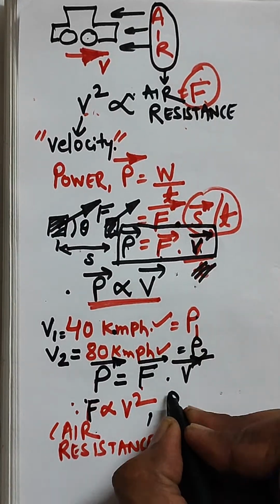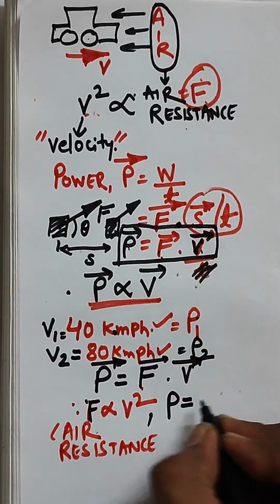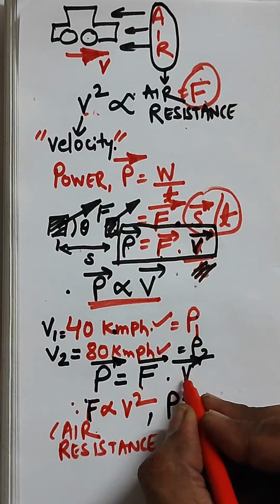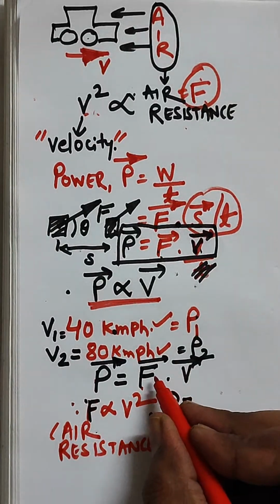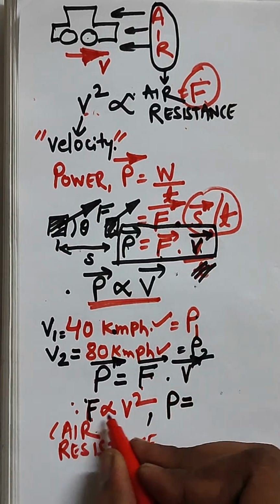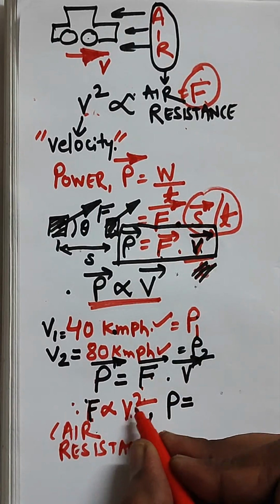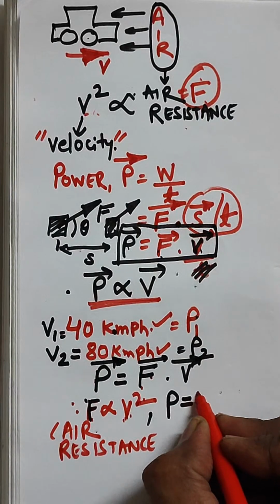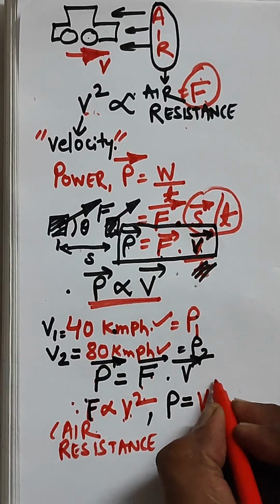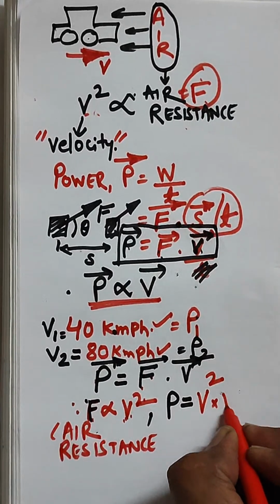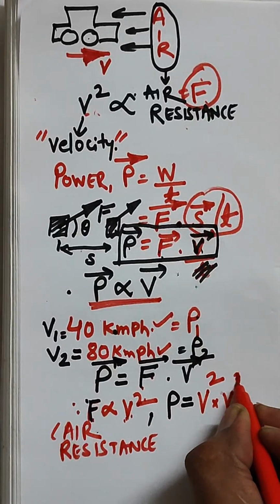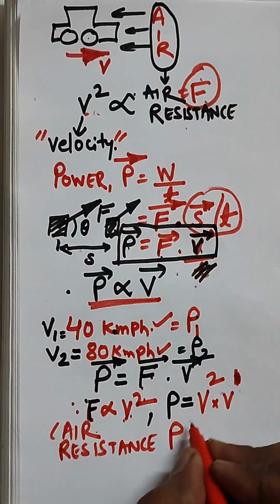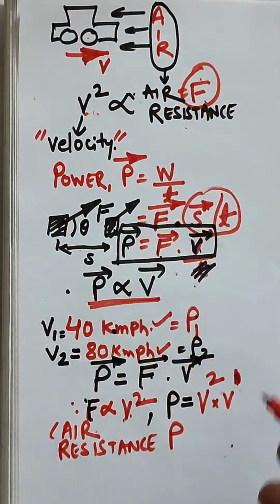Then we can write that power already has one velocity, and if the F is there, this will give two more velocities, right? So we can say that P has V square and V power 1, so it's proportional.